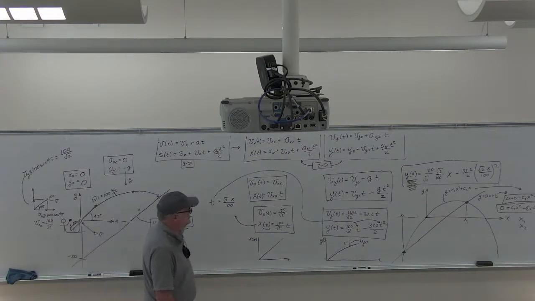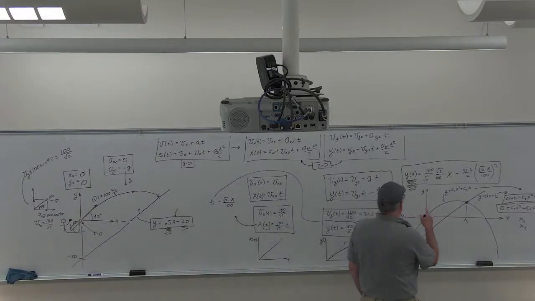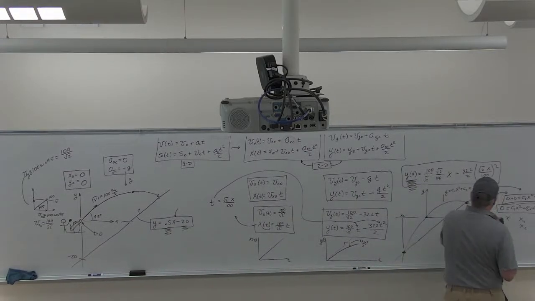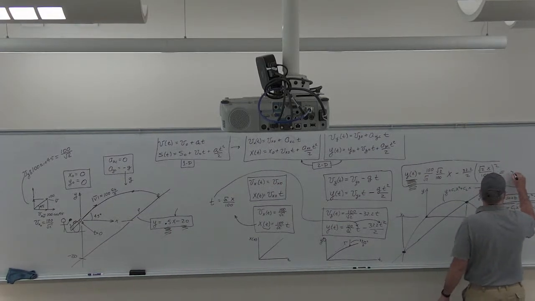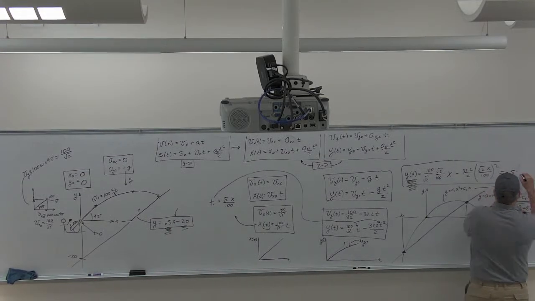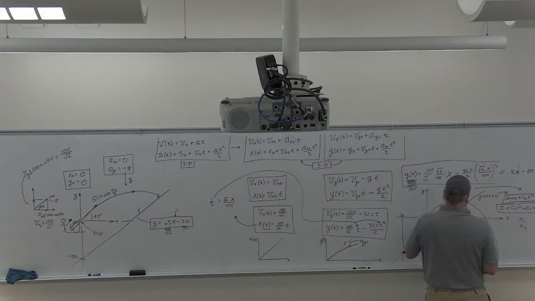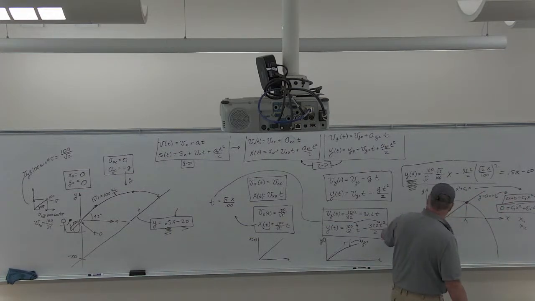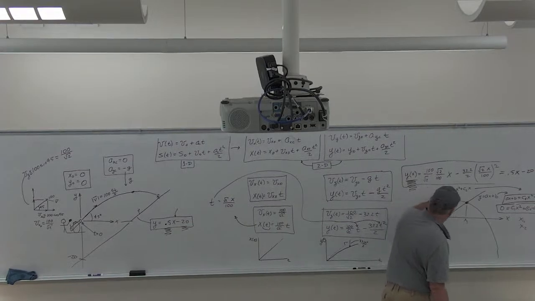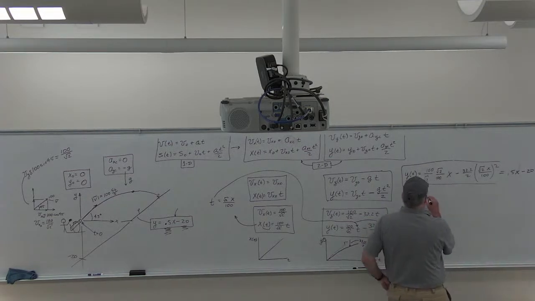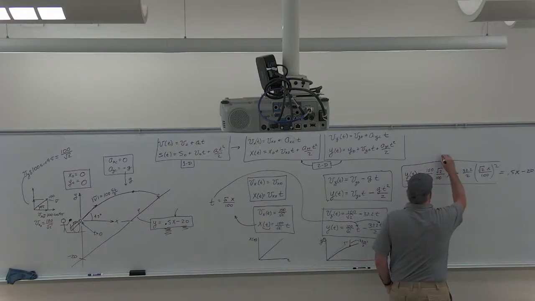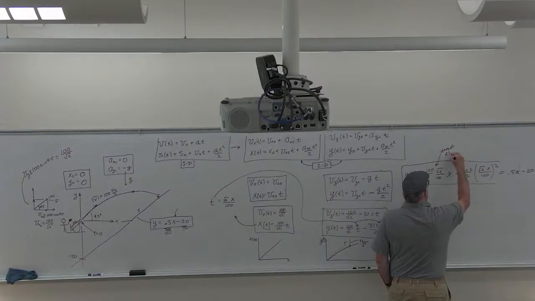So now I've got this parabolic equation that I want to set equal to, I've already forgotten what it was, 0.5 x minus 20. Now that I have all this written, I'm going to erase it and start solving below here, if you're okay with that. And if you look at this, this is an anomaly that doesn't always occur.